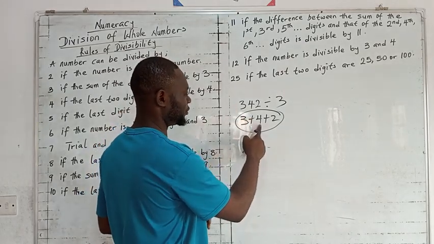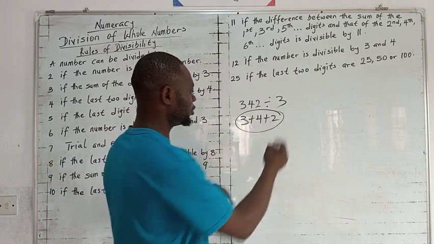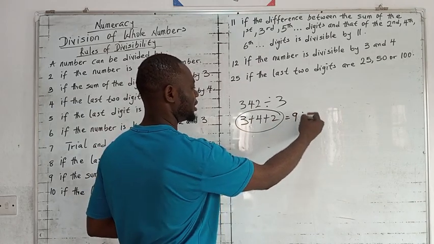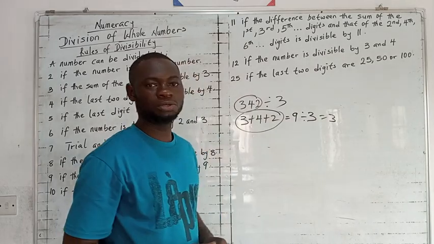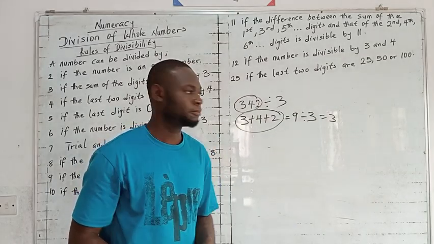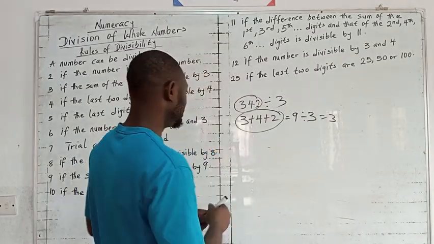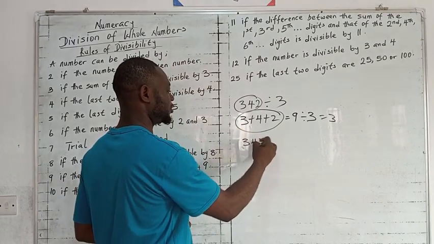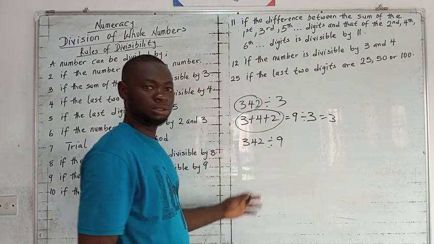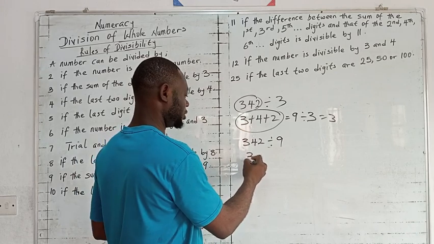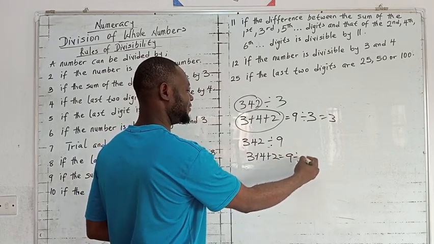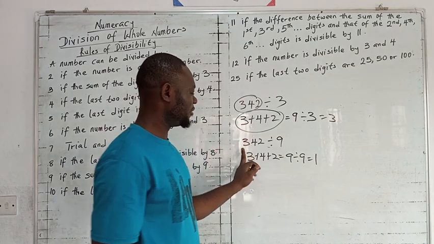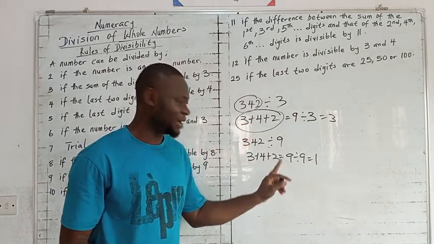So 3 plus 4 is 7. 7 plus 2 is 9. Can 3 divide 9? Yes, therefore 342 can be divided by 3. Same thing with 9. If I say 342 divided by 9, to check it, we simply do 3 plus 4 plus 2, which is 9. Can 9 divide 9? Yes. Therefore, 342 can be divided by 9.